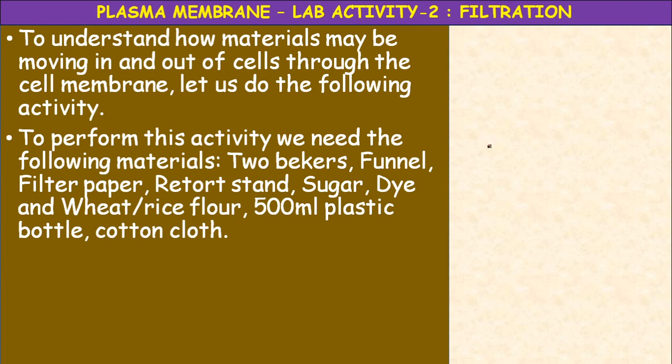To perform this activity, we need materials like 2 beakers, a funnel, filter paper, retort stand, sugar, coloring agent that is a dye, a small quantity of wheat or rice flour, a 500 ml plastic bottle, and cotton cloth. These are the materials we require to perform this activity.